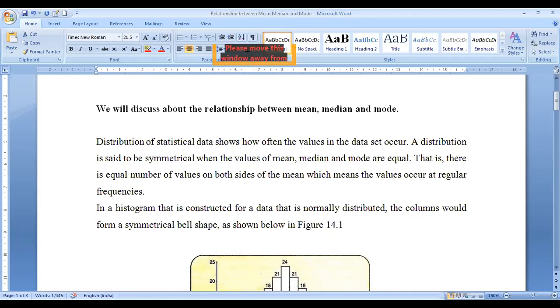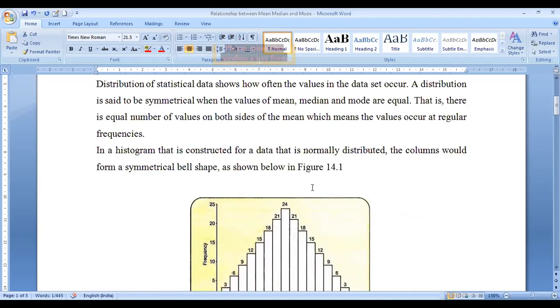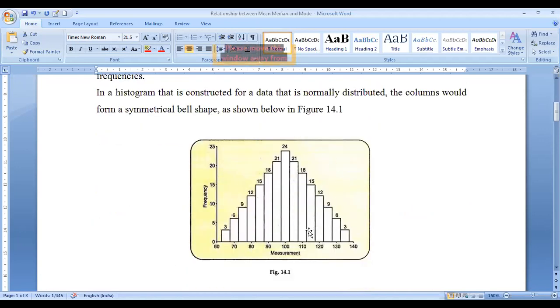To know whether our data is a symmetrical or asymmetrical distribution, we need to put a graph on the normal distribution. In a histogram constructed for normally distributed data, the columns would be symmetrical and bell shaped, as in figure 14.1.